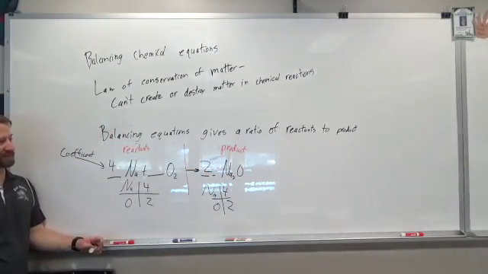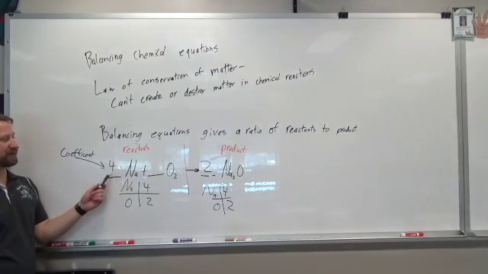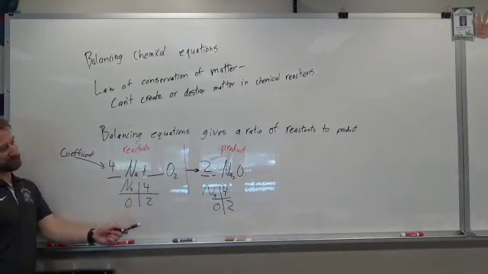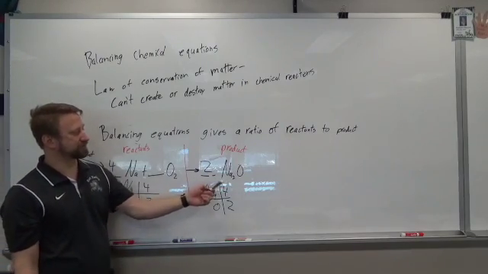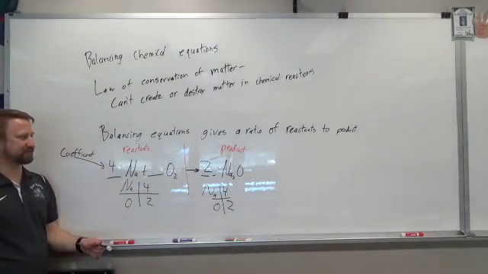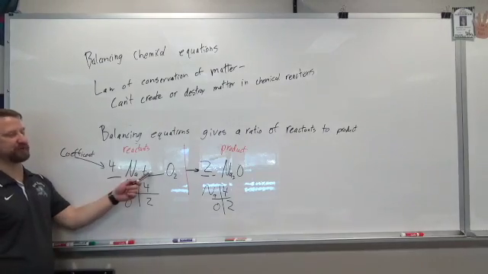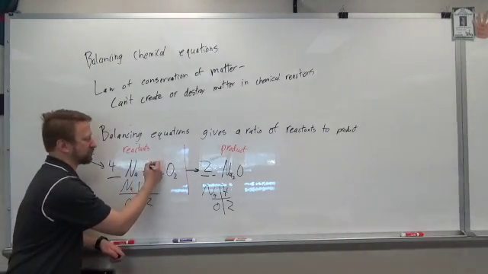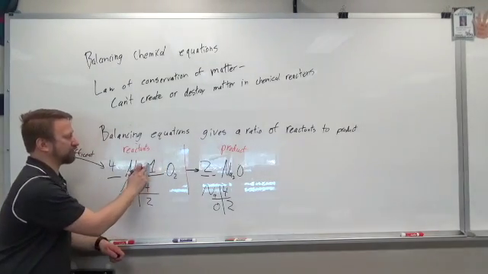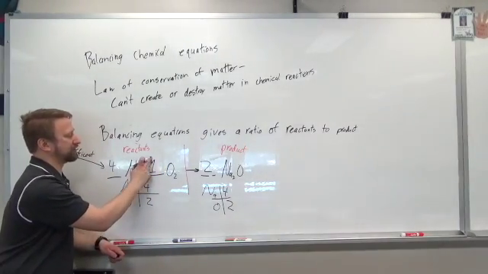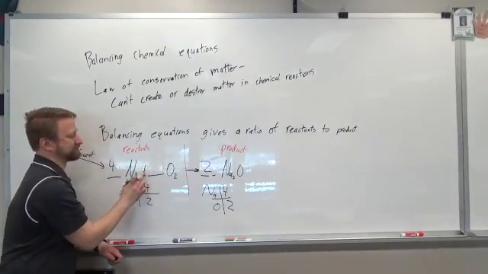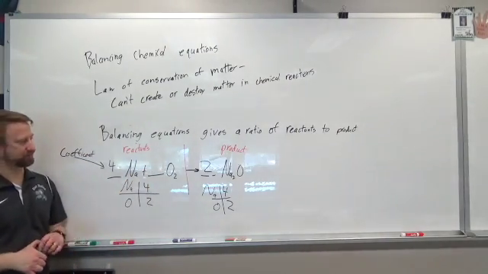So now my balanced chemical equation looks like this, where we have 4 sodium for every oxygen, gives me 2 sodium oxides. We don't need to put a 1 here just by having that O2. We assume there's a 1. If you want to put a 1, you can. It's not wrong, but you don't need it. You can just leave it blank.